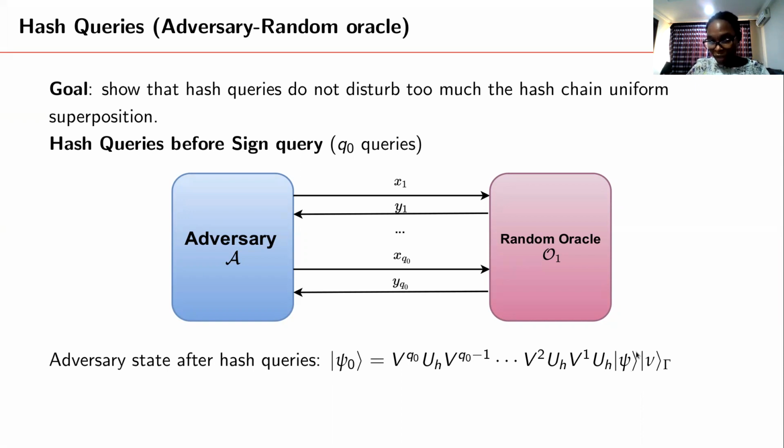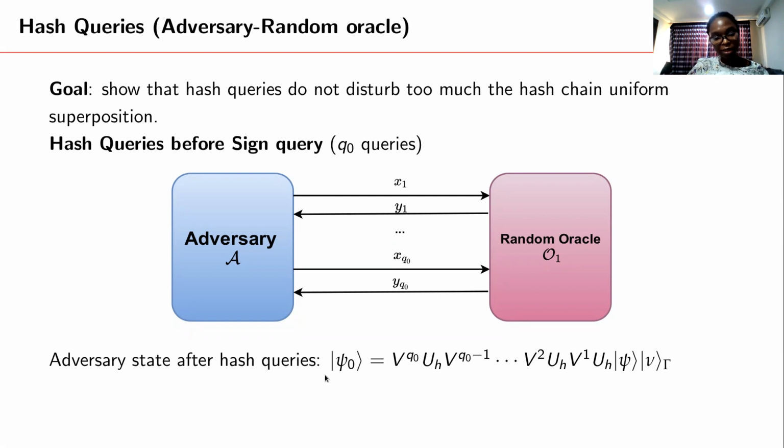It starts with an initial state psi, and then the random oracle unitary is applied. Then V1 can be viewed as internal computation for the adversary. Then it queries again and the oracle unitary is applied, and then it makes some internal computation again. It can do that Q0 times and then get this state, which is the state after all the hash queries.